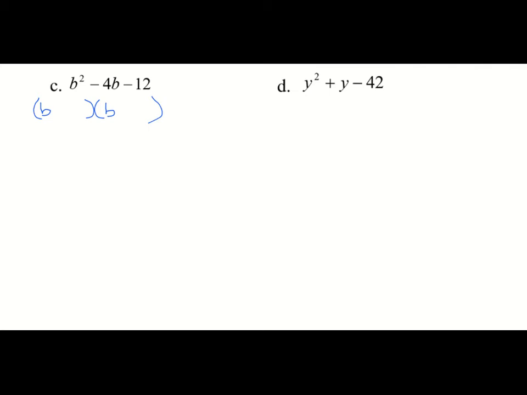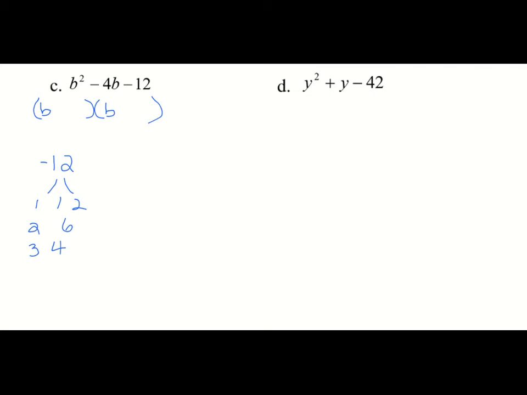So let's take a look at what we can multiply together to get 12. Or if it helps you to think, what can we get to get a negative 12? Now, first I'm just going to focus on the 12. I know to get 12, I can multiply 1 and 12, 2 and 6, or 3 and 4.